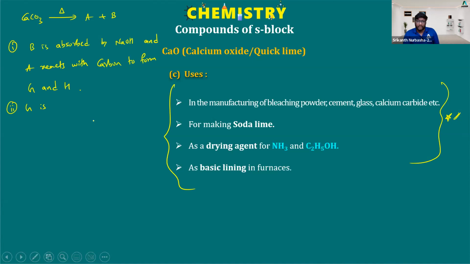G upon hydrolysis forms C and D. C turns lime water milky, and D can react with NaNH2.